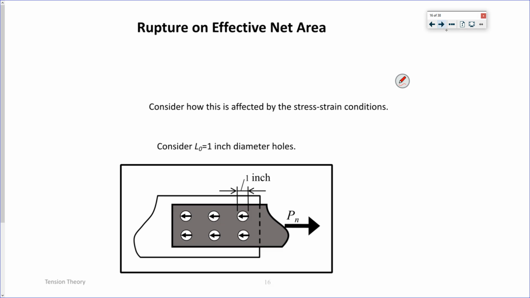So, let's talk about how this is affected by stress-strain. We did yielding on the gross cross-sectional area, way out here. Let's look at what happens when we reduce our cross-sectional area over the length of an inch, if it's a bolt hole.